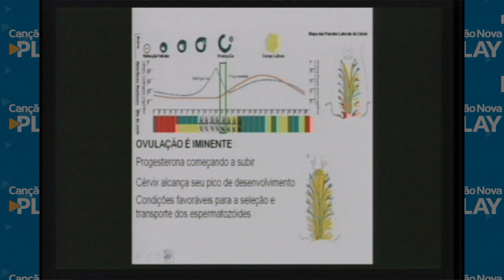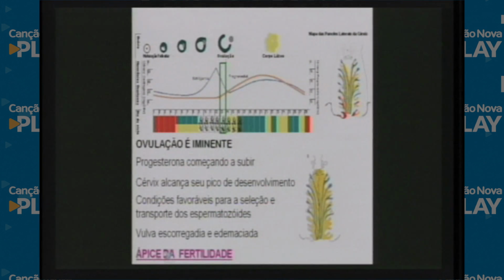The vulva is slippery and swollen. And we now have peak fertility.